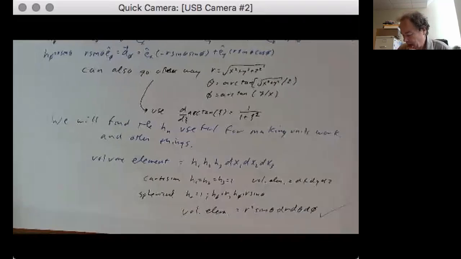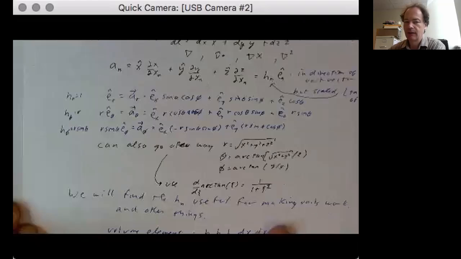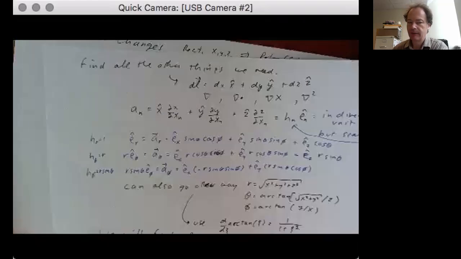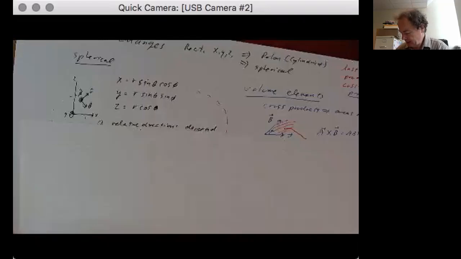And that already tells us one way in which these things can make it a little bit easier. So let's continue with that. And let's look at these quantities, right?